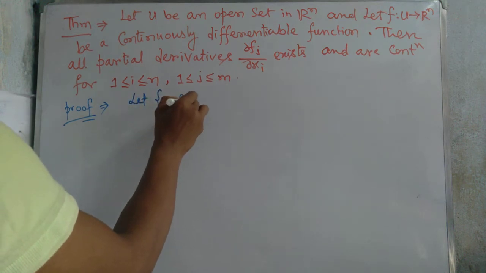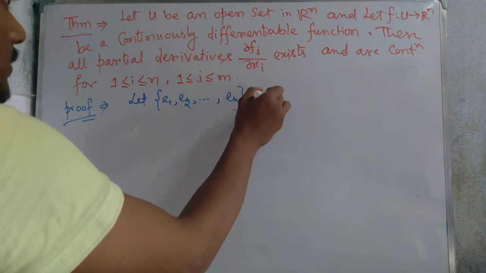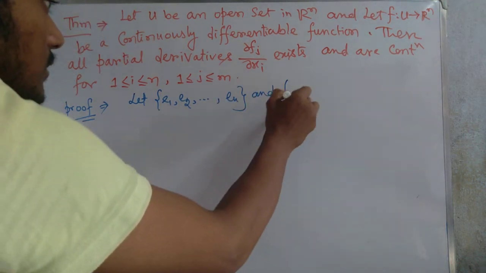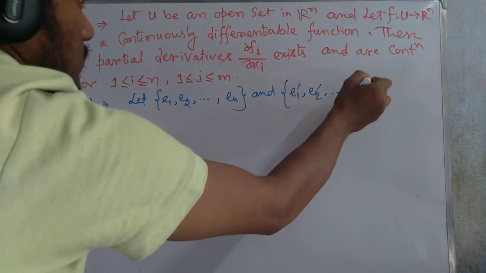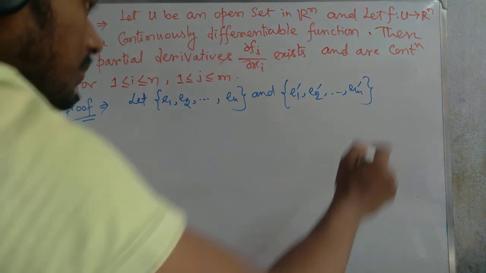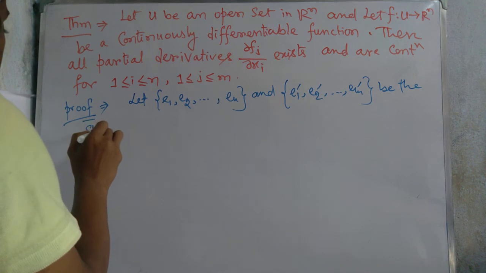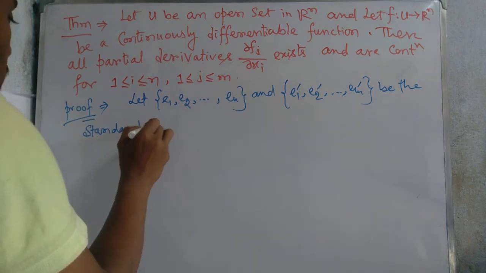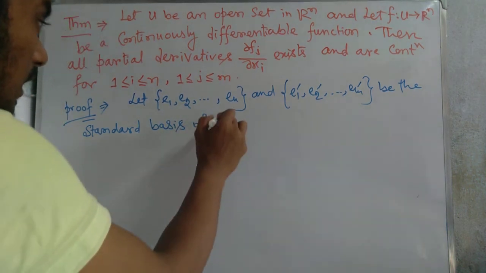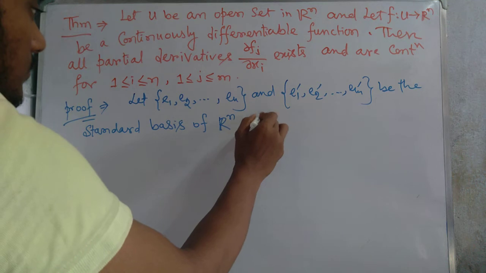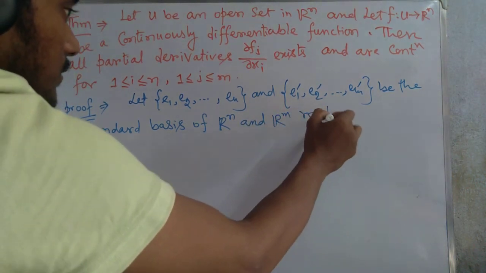Let e1, e2, ..., en and e1', e2', ..., em' be the standard basis of Rn and Rm respectively.